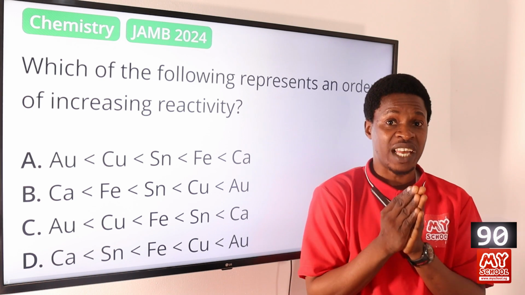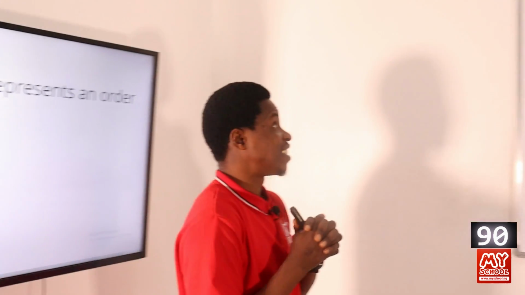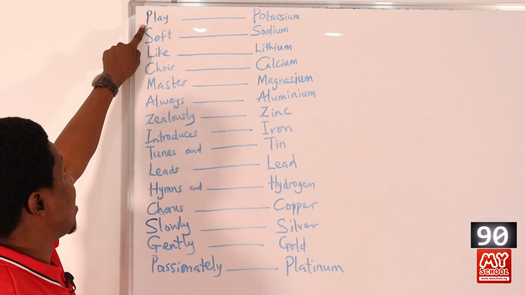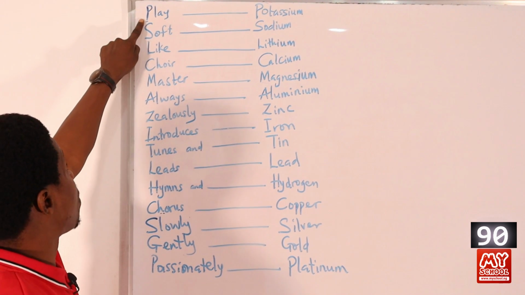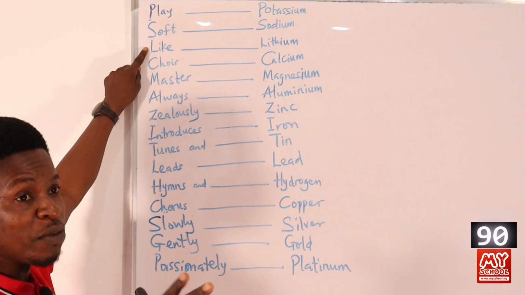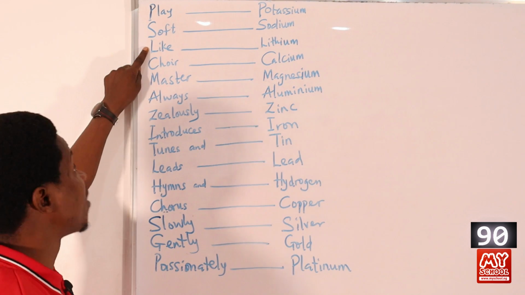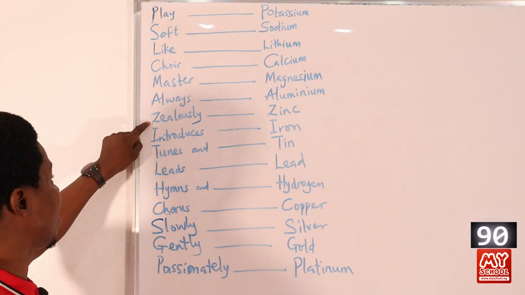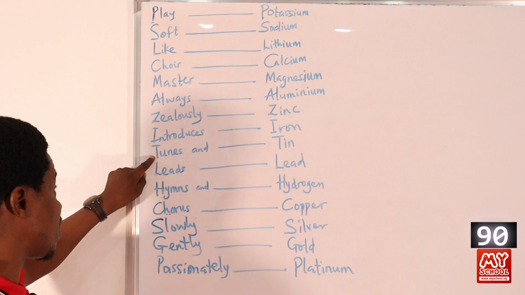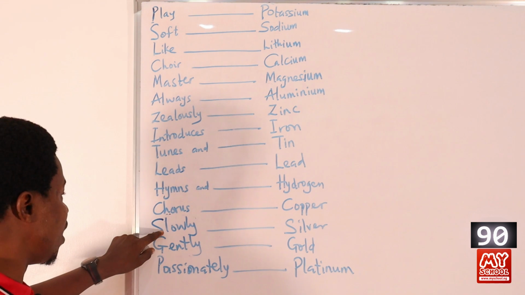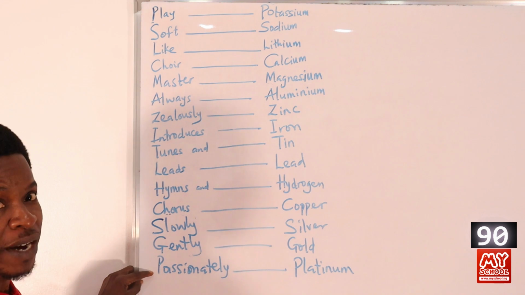That's the series I use. So let's move to the board so that we can see. The mnemonic I use is: play soft, like a choir master. Maybe there's an instrument you want to play, like a keyboard, like a piano. So: Play soft, like choir master always zealously introduces tunes and leads hymns and choruses slowly, gently, and passionately.